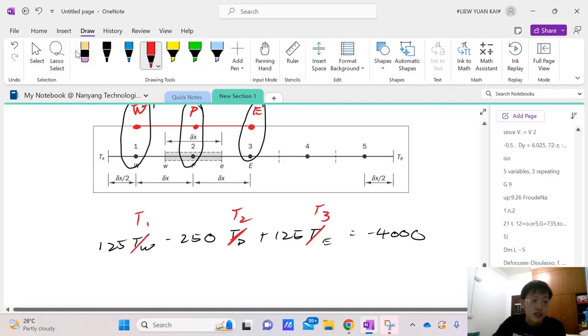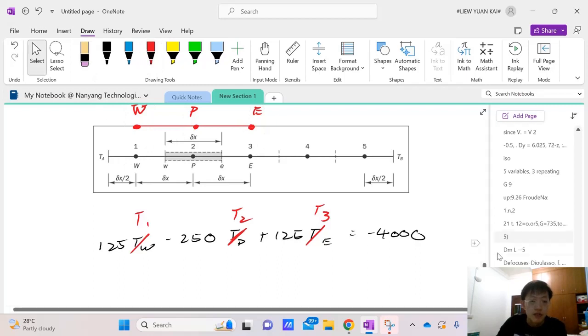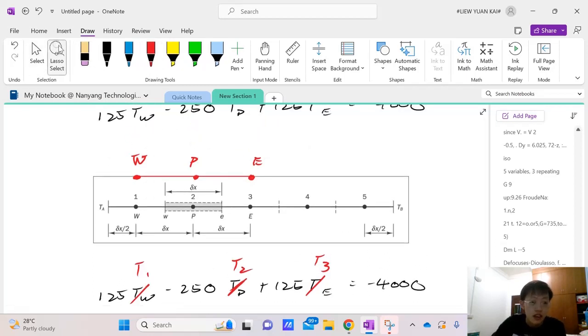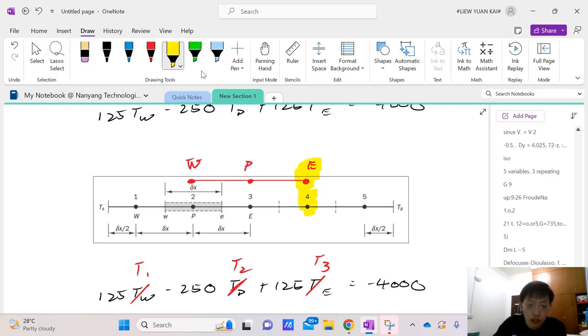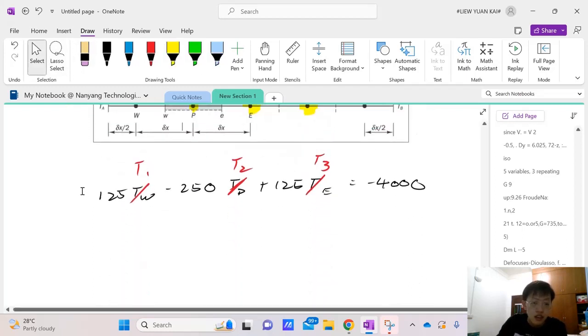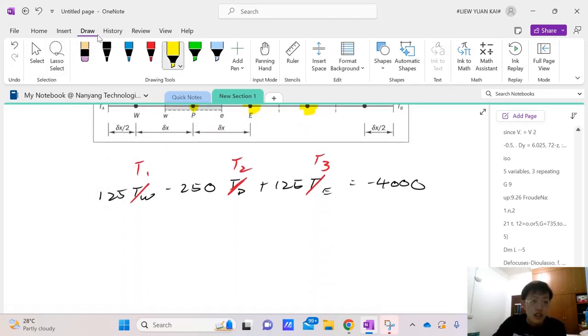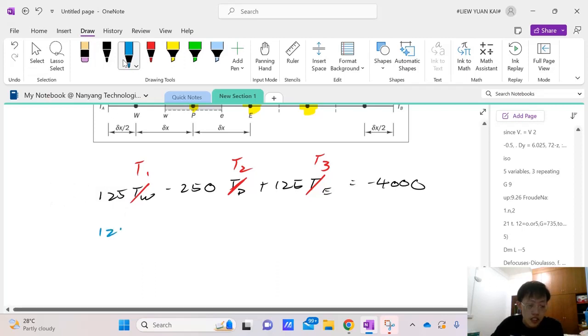And then now you transfer the template. I'm going to put position P on top of 3. So in this case, east is 4, P is 3, west is 2. So one of the equations you get is this first one.